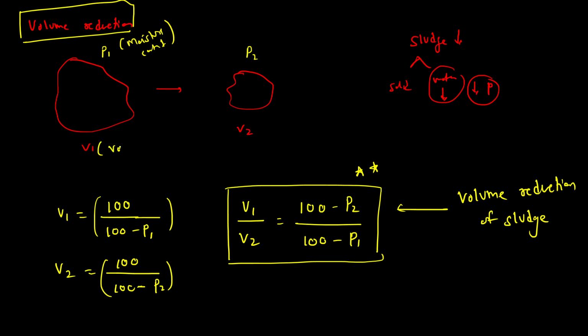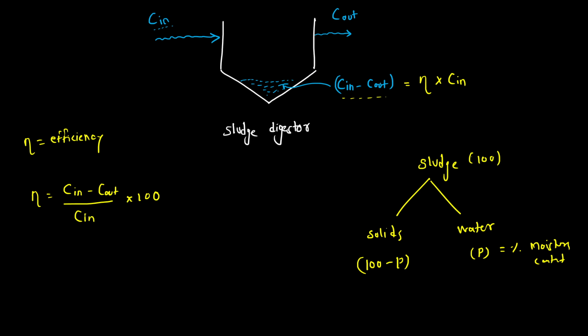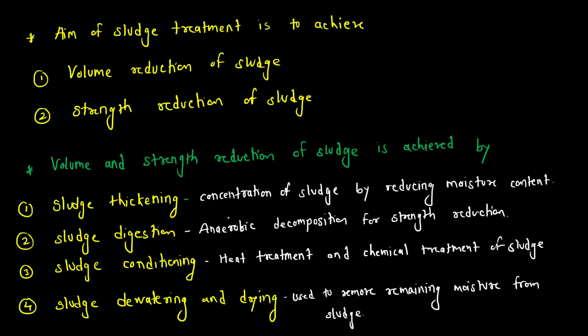Here V1 stands for volume of sludge. So these are the important formulas from the sludge thickening process. The first thing which we are studying here is sludge thickening, because we are reducing the moisture content here. Now in the next video we will see the sludge digestion process, that is anaerobic decomposition.